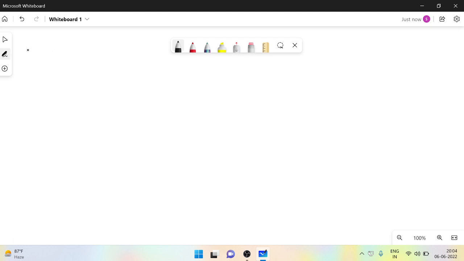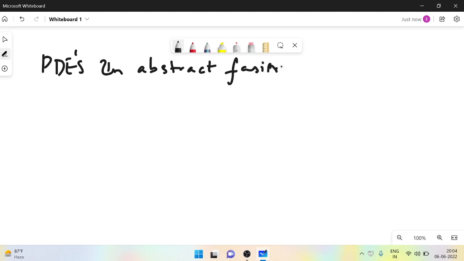Now we have just talked about PDEs in an abstract fashion. So let us go to specific PDEs. The first PDE that we'll talk about is the Laplace equation.